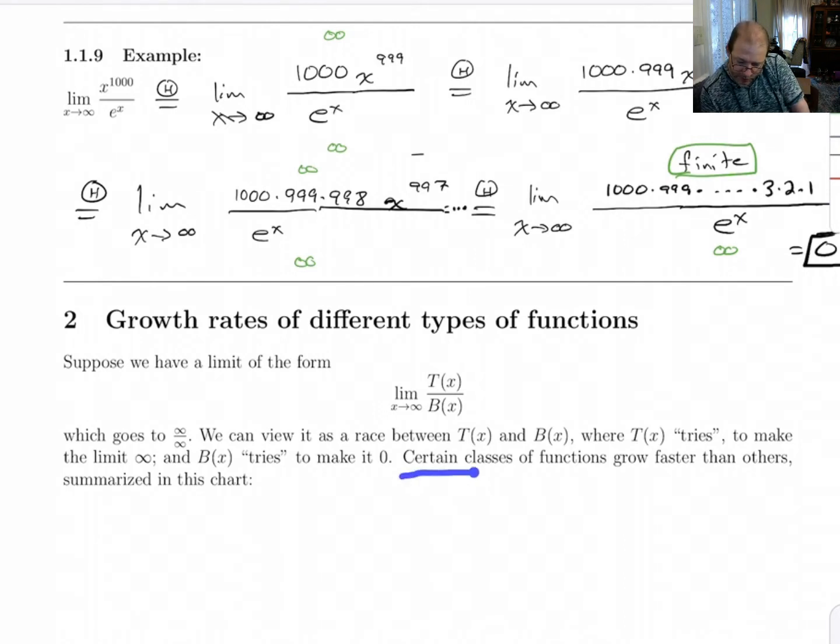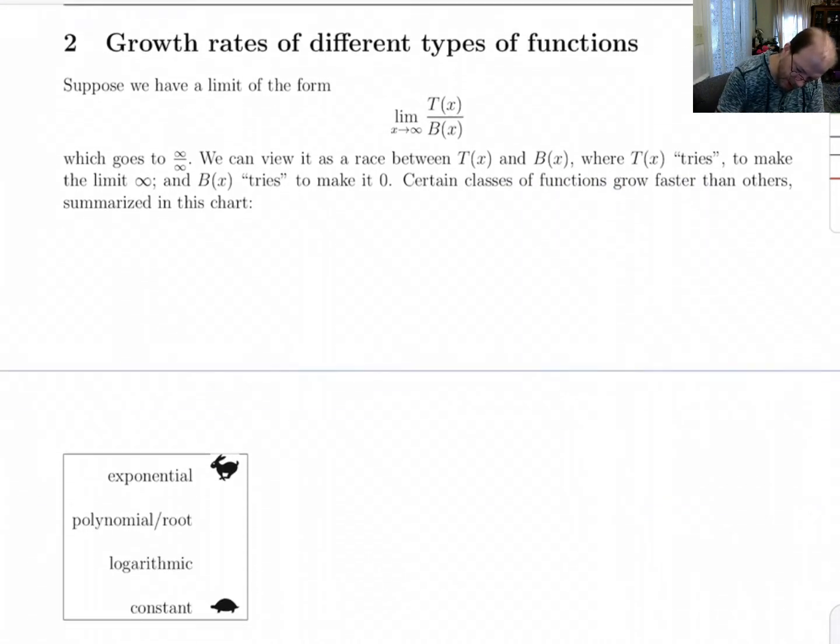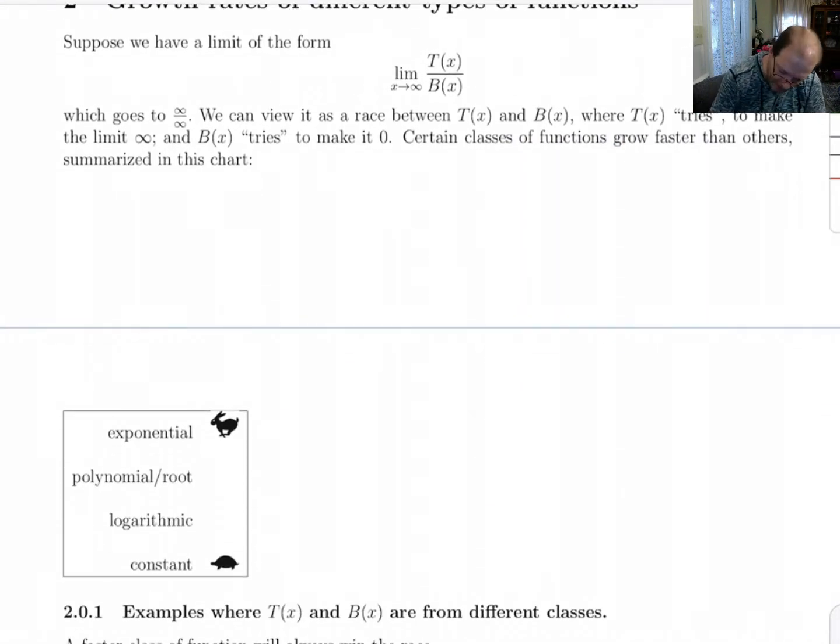And you can look at certain classes of functions that grow faster than others. Here's the chart that outlines that. The faster functions are at the top and the slower ones are at the bottom. So constants are slower than logarithms. This is talking about their growth rates. Every logarithm grows slower than every root function, and every root function or polynomial grows slower than an exponential.